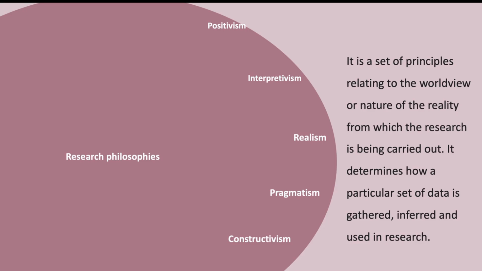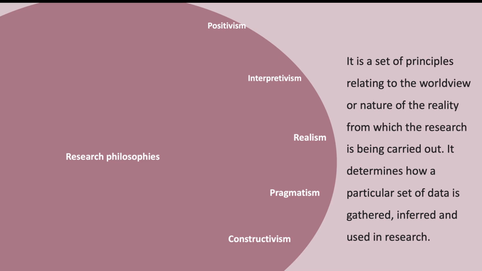At the outermost layer of the research onion lies research philosophy. It is a set of principles relating to the nature of the reality from which the research is being carried out. According to Saunders, there are 5 research philosophies: positivism, realism, interpretivism, constructivism, and pragmatism.